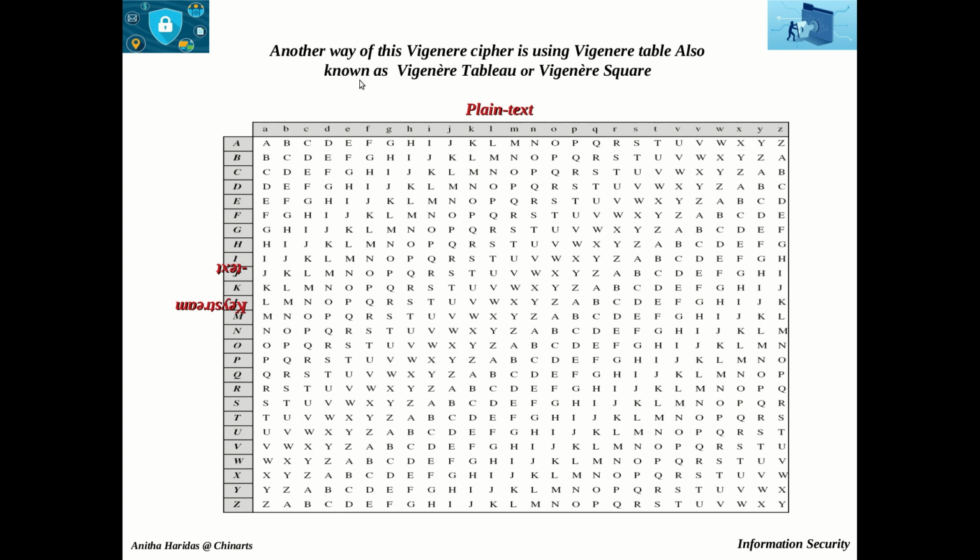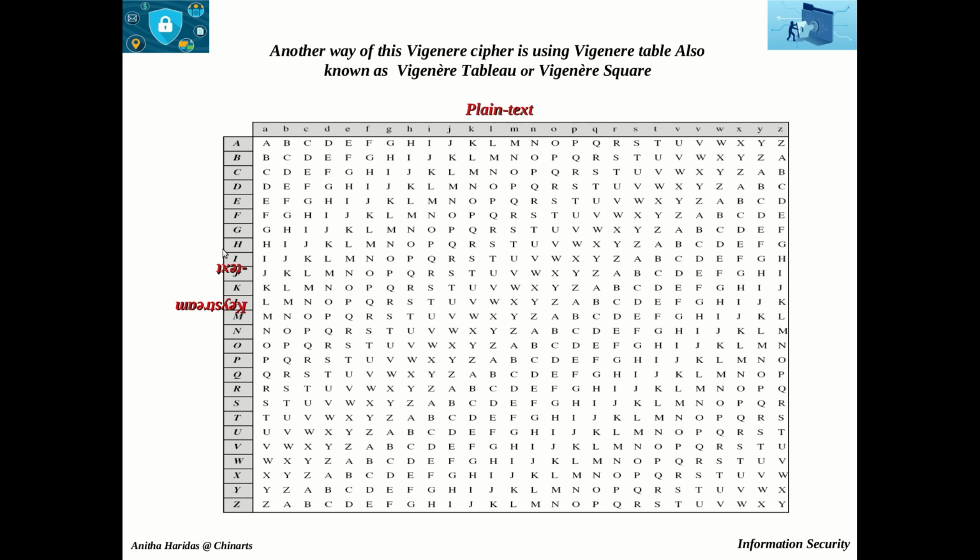The first row of this table shows the plain text characters to be encrypted, and the first column of this table contains the characters to be used by the key value. The rest of the table shows the ciphertext characters. I repeat, in the Vigenère table, the first row shows the plain text characters to be encrypted, and the first column contains the characters to be used by the key.